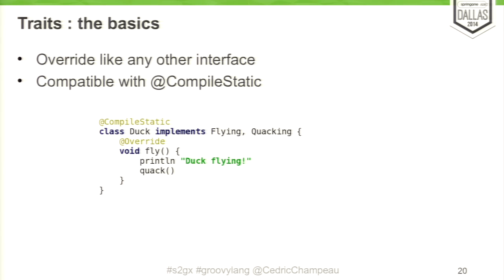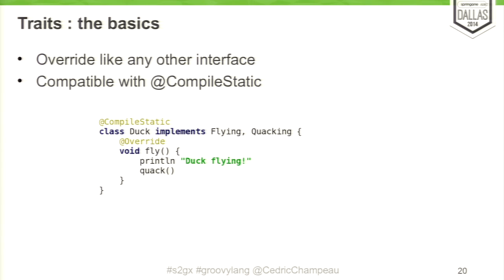But yeah. So in this case, since flying only has one method, which is fly, it is implementing flying, but you totally forget about the fly method.